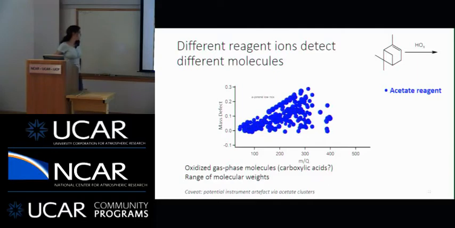There was one caveat, and that is that we were concerned with acetate ionization, that acetate reagent ions would just cluster with whatever molecules we were looking at, and this might be what's giving us these really high molecular weight species. We were concerned about it, and it's something that I think everyone who does CIMS should continue to be concerned about.